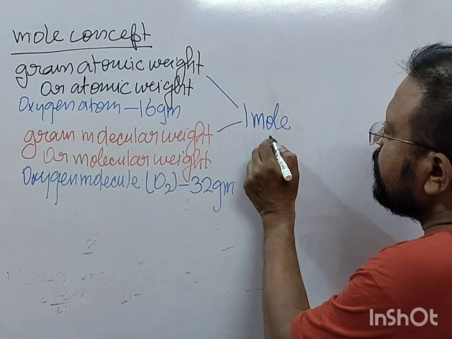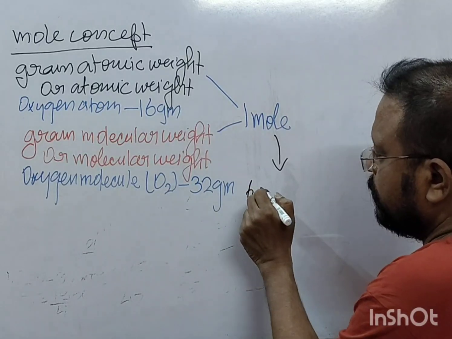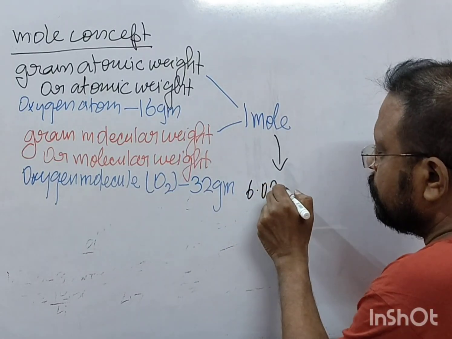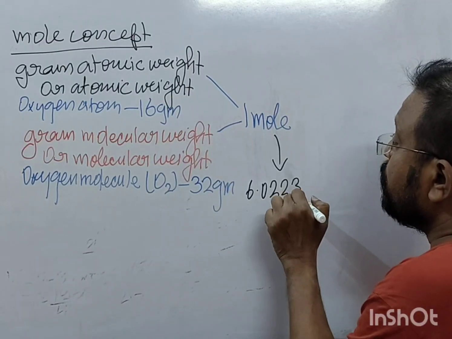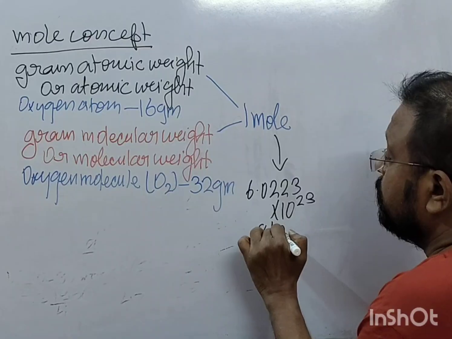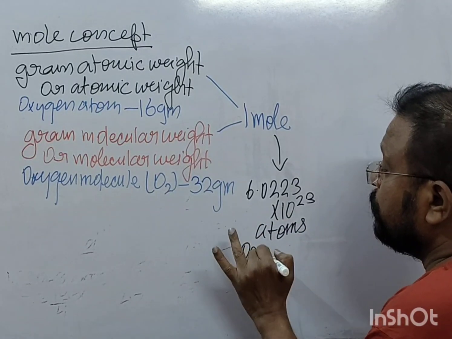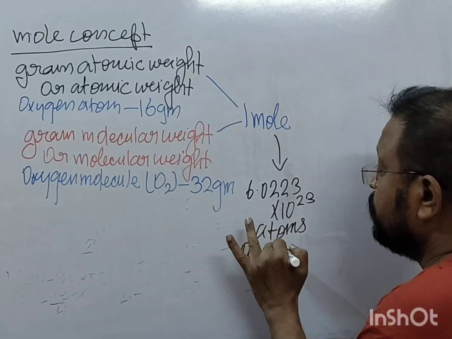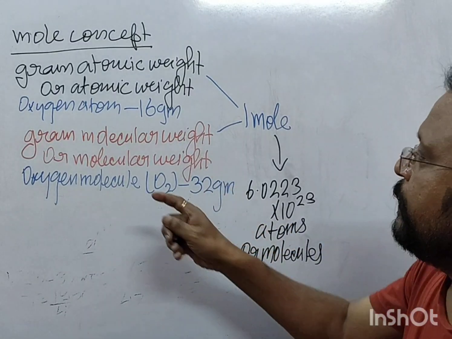And 1 mole is equal to 6.0223 into 10 raised to the power 23 atoms or molecules. You get it? Right?